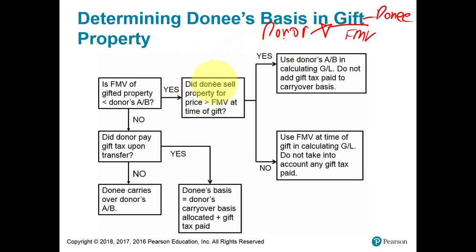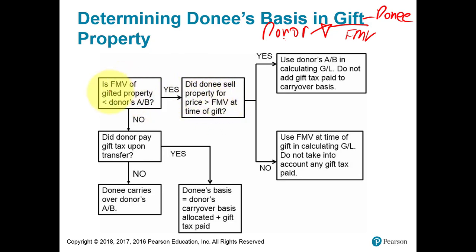So here, now when the donee sells the property, is the sales price for the donee greater than the value at the time the gift was made back here? And if we say no, okay, let's go to the opposite here.